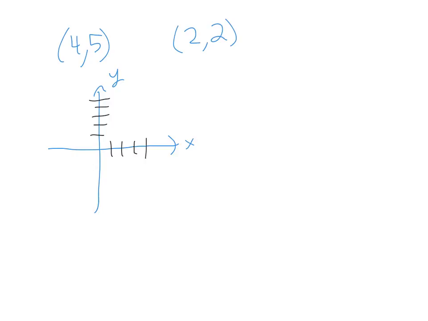Okay, so that first point, I'll give it a color red, is going to be 4, 5. So 1, 2, 3, 4, up 5, and sure enough, that point will be right about there. Okay, this point I'll color it black, and that is 2, 2.